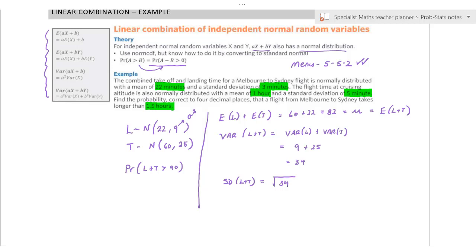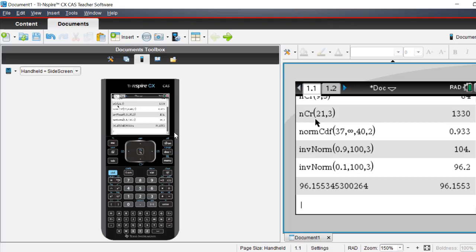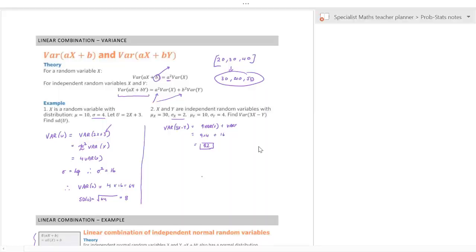Now, we have all the information we need. We have our mu. We don't really need the variance because we need our standard deviation when we're doing these things. So let's go ahead and work this out.